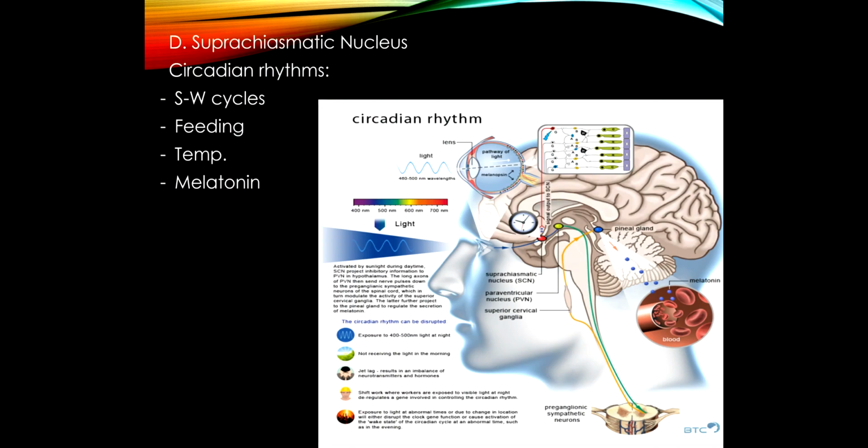So we've emphasized this pathway for Horner's syndrome that goes all the way down to T1, T2 of the spinal cord, and then goes up to the pupil and Mueller's muscle. But notice this pathway here going through the superior cervical ganglion also has a connection with the pineal gland. And so in the absence of light, this pathway stimulates the pineal gland to release melatonin, which contributes to setting the circadian rhythm.